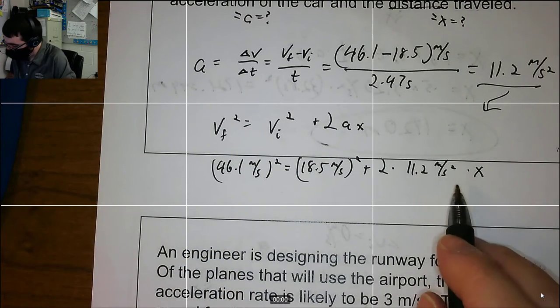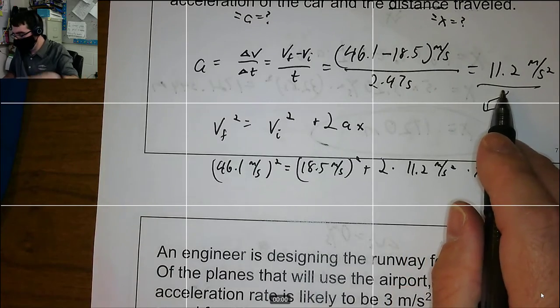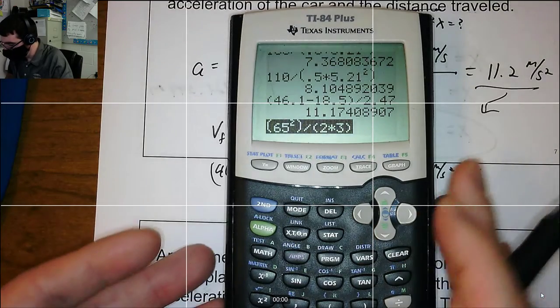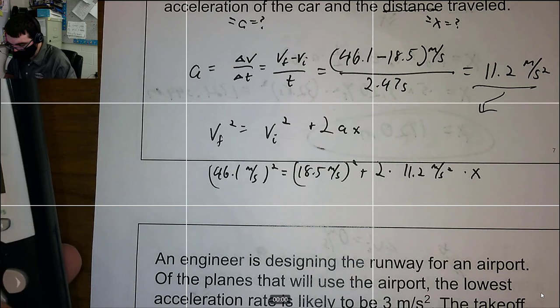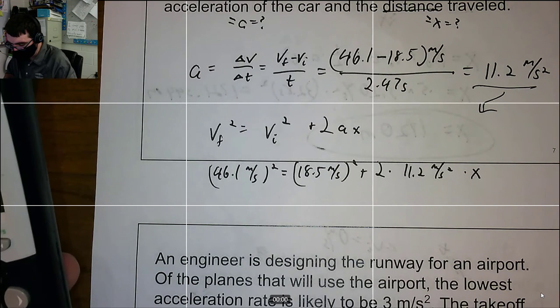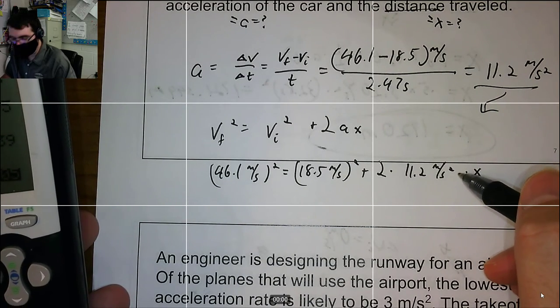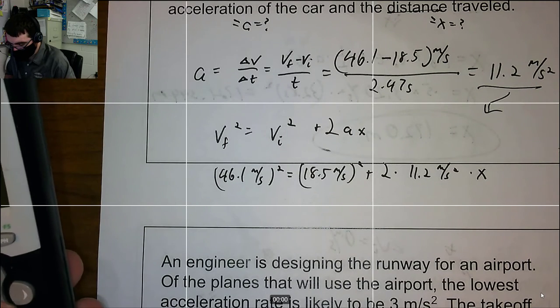Now, I will point out here that when I go to punch this into the calculator, I'm not going to use a rounded value. I'm going to use my prior answer, the unrounded value. I won't penalize you if you do it the other way, but it's going to work out close enough, and to be honest with sig figs, it shouldn't matter, but I'll give you credit for both.